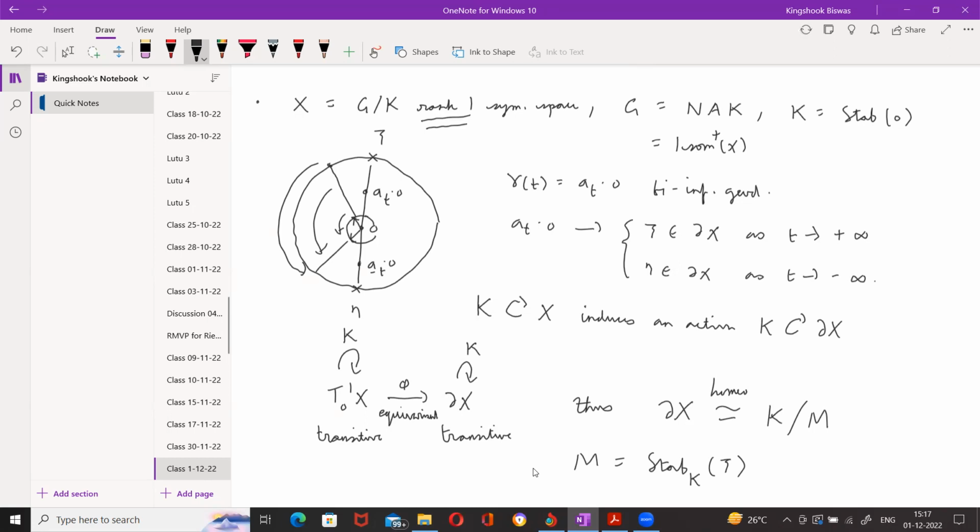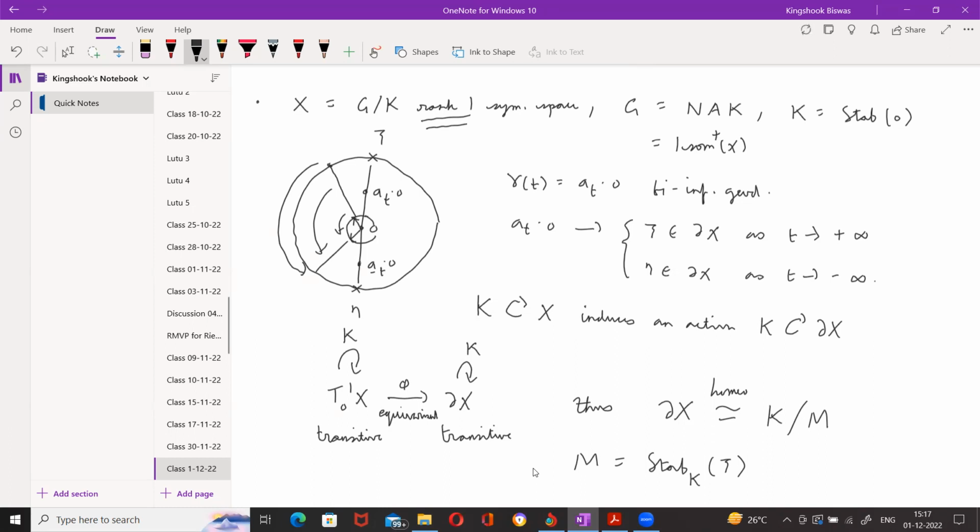Now, what is the stabilizer in K of xi? Well, K already fixes the origin. So if an element of K fixes xi, then it's going to fix the geodesic ray from 0 to xi. So therefore, it's going to fix the bi-infinite geodesic.